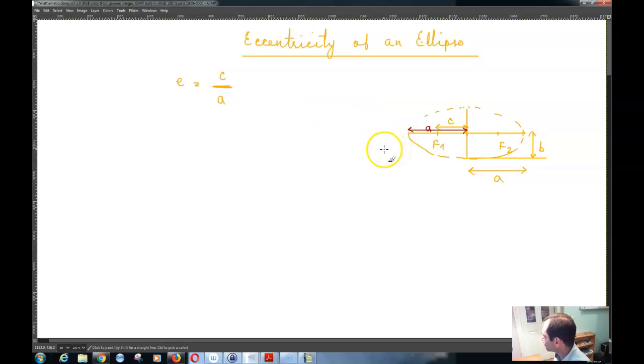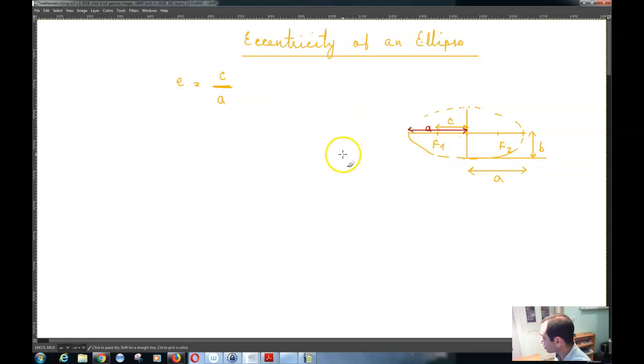Since the focus is at a distance of C from the center, in terms of eccentricity, the focus is at the distance of AE from the center.